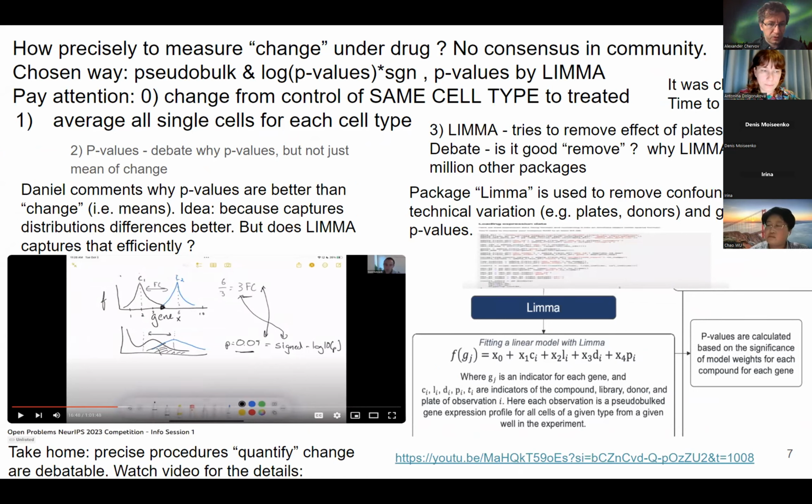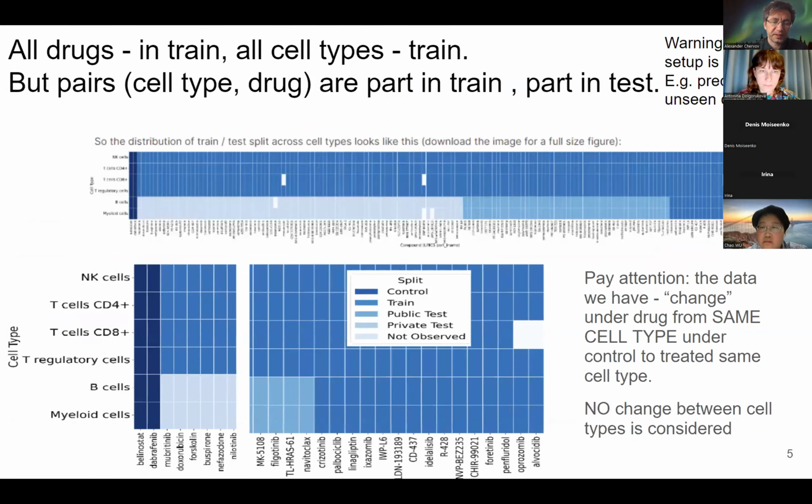So what do these numbers which we are predicting mean? First, this is the effect of the drug, but compared with the negative control. This negative control and the effect of the drug are calculated for the same cell type. That means you have some cell type, for example, myeloid cells. You have some negative control, so that means nothing happens, and you calculate the expressions of the genes for this negative control.